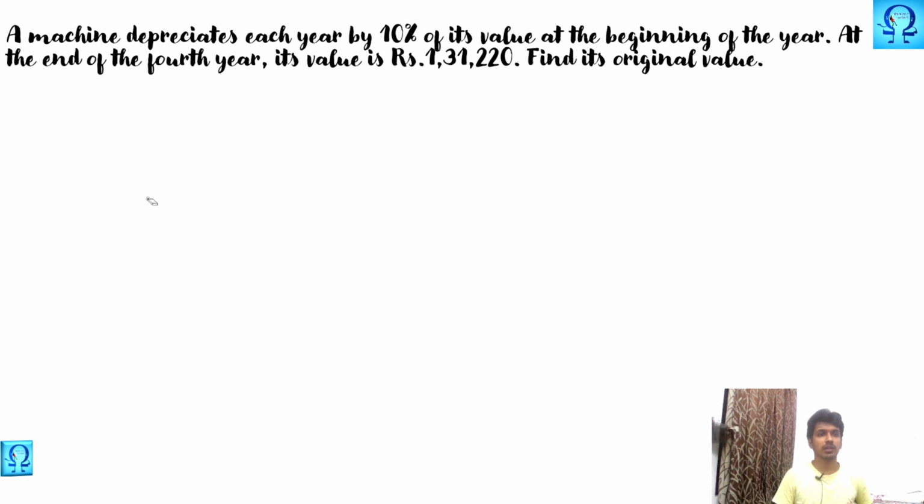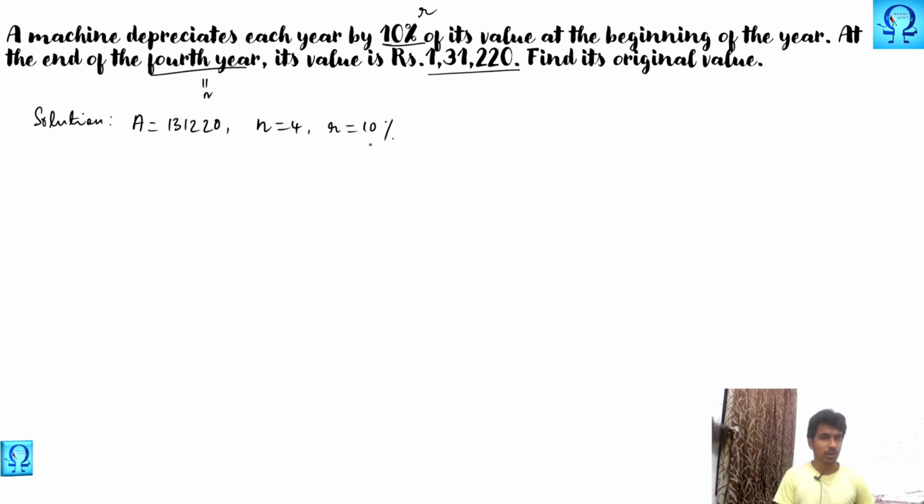Here it is very well given that a machine depreciates each year by 10 percent. Okay, good. At the end of the fourth year, we have to consider when n is 4, its value is 1,31,220, which means here they have given the A value. A value is 1,31,220. N is 4. R is given, that is 10.